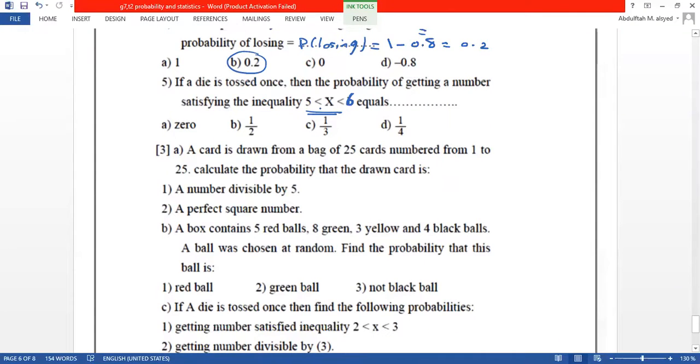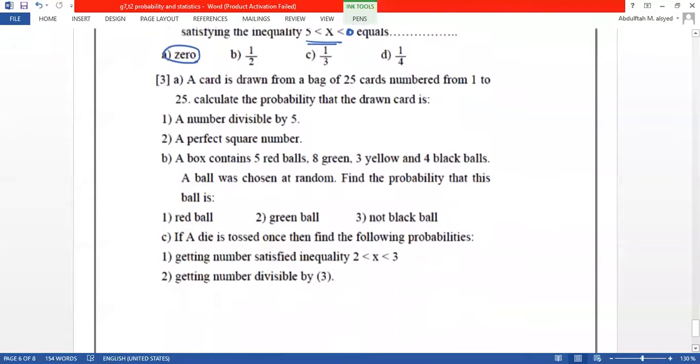No, the sample space of the dice is the numbers 1, 2, 3, 4, 5, and 6. There is no fraction. So this is an impossible event, since its probability equals 0, because no fraction between 5 and 6 exists on the faces of the dice. So the probability equals 0.